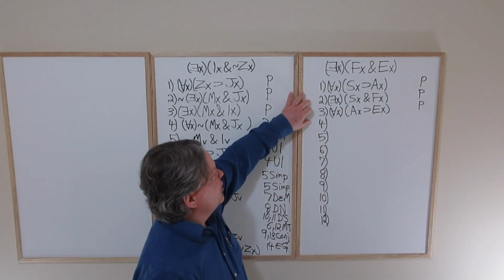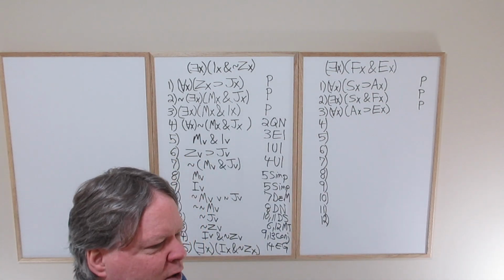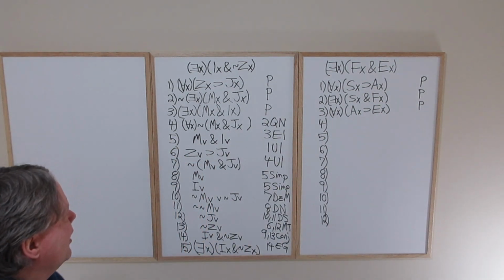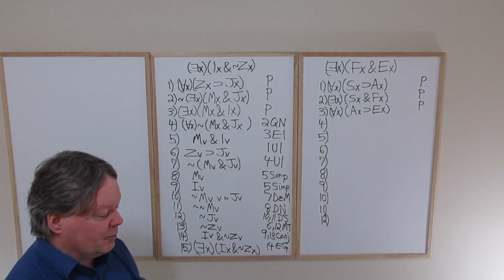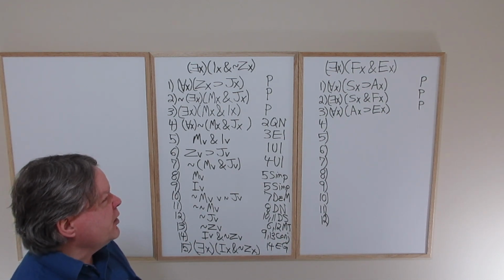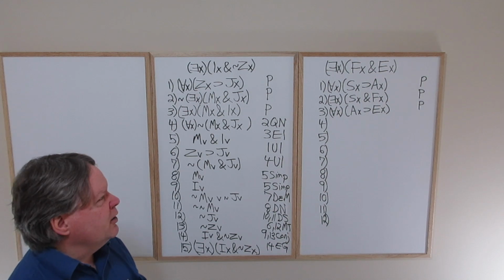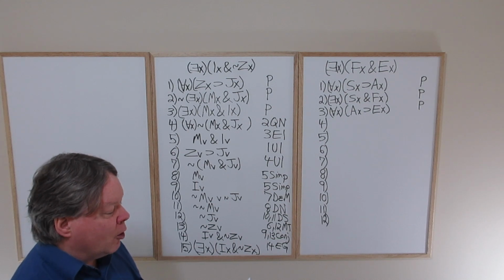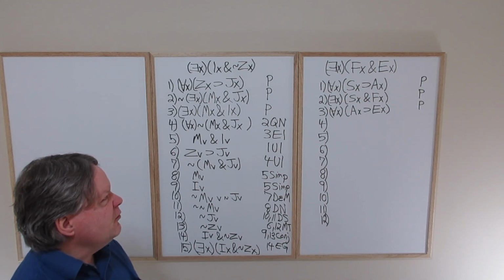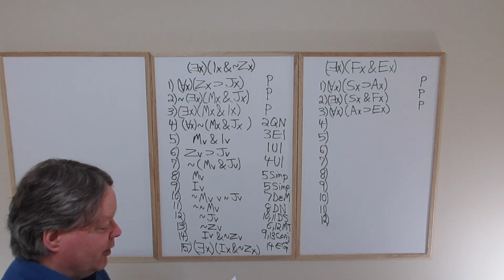We move on to our second argument, which is about the same level of complexity. In English, this argument says, all screen stars are attractive. Some screen stars are feminists. All attractive persons are envied persons.